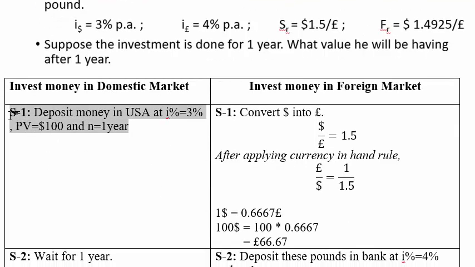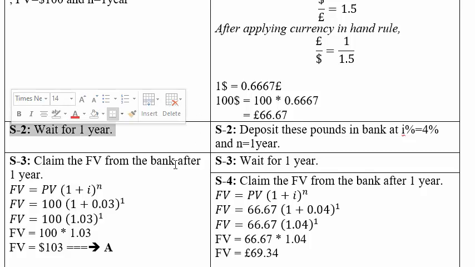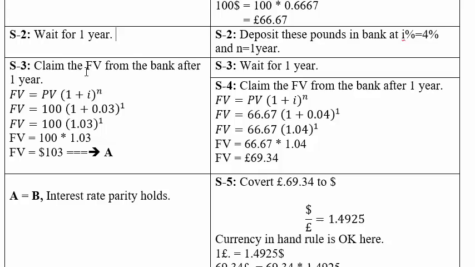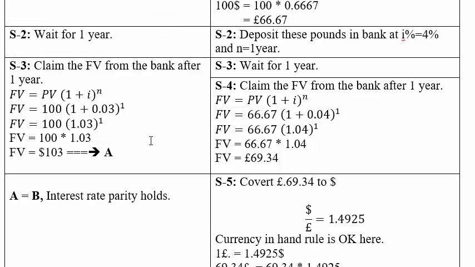Once the money is deposited, the next step is that he must wait for 1 year, and after that he is rightful to claim the future value of this investment. He will take back whatever he deposited 1 year back, along with profits on that deposit also.